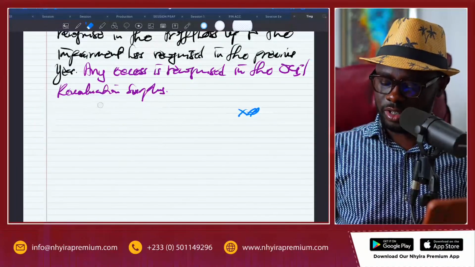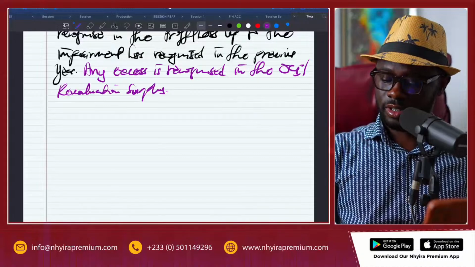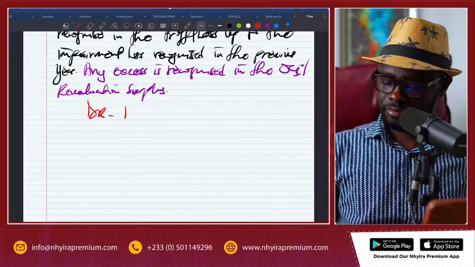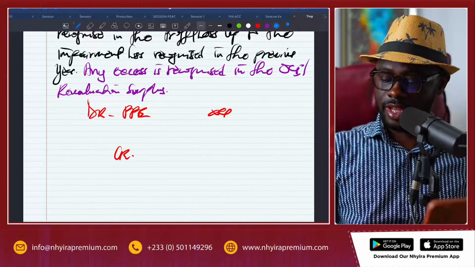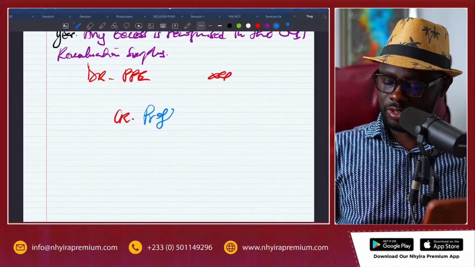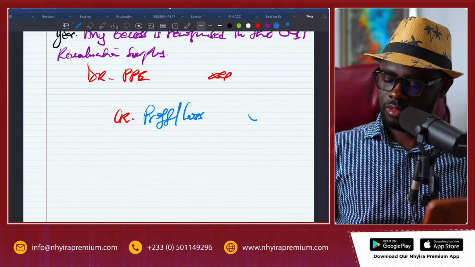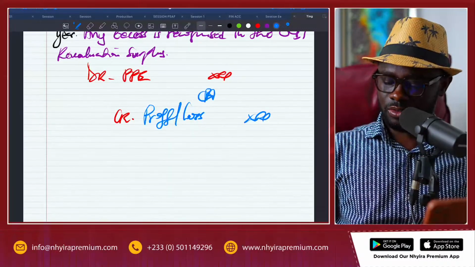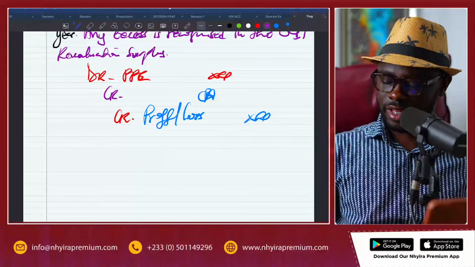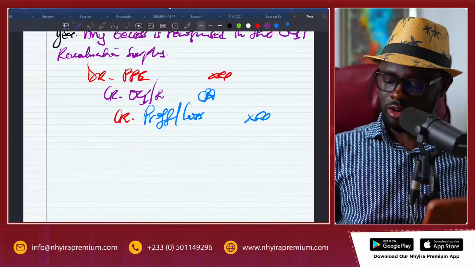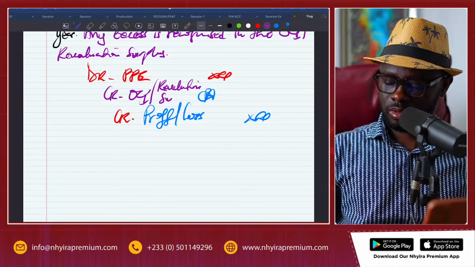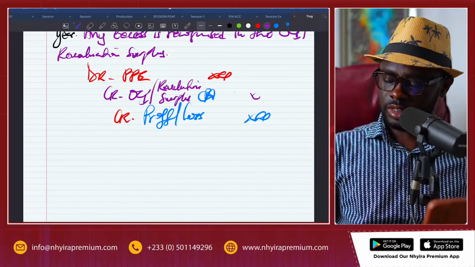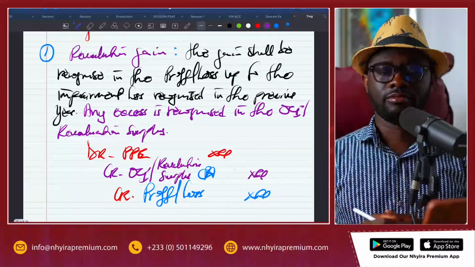Then the excess, which is the balancing figure, is credited to OCI or revaluation surplus. That is the idea about that.